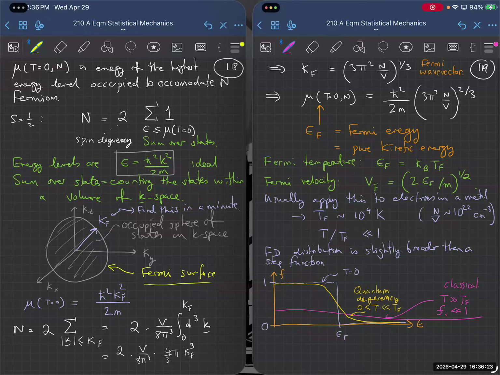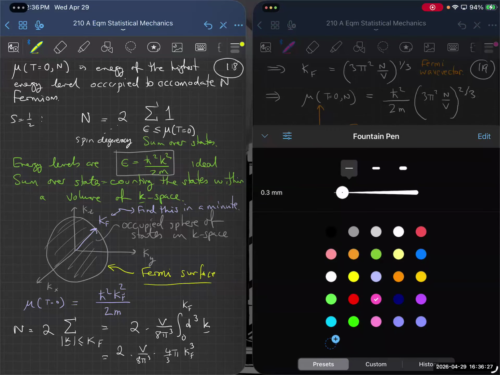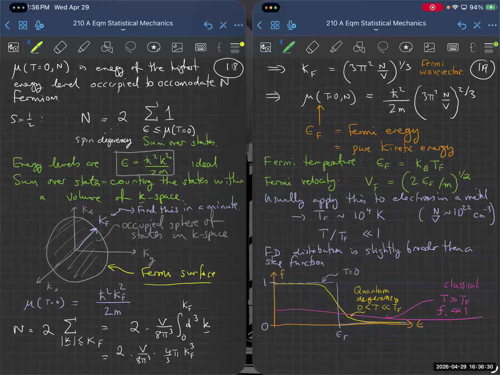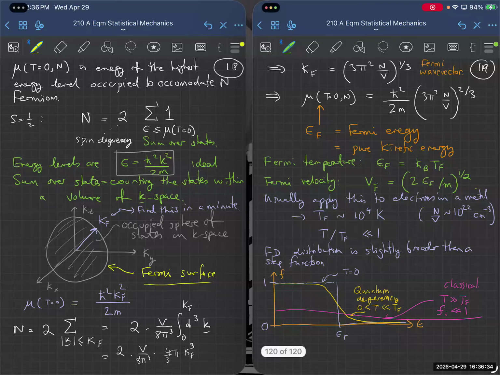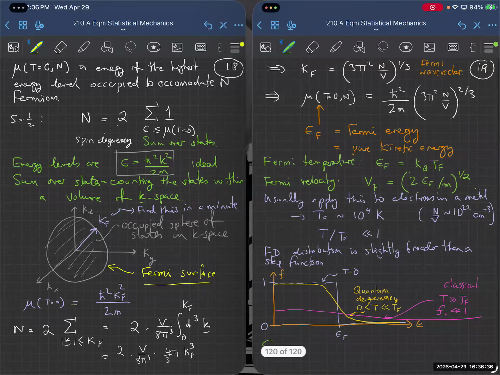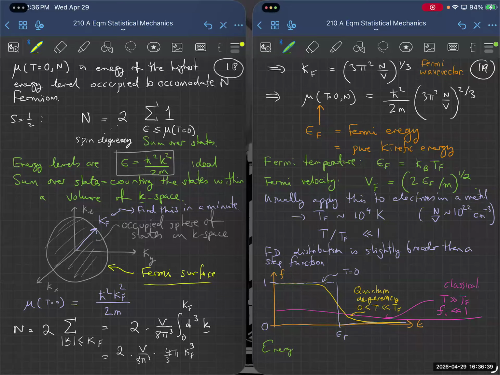So let's just ask one last question before we calculate the excited states. By the way, the energy in the ground state, the energy at T equals 0, U, is equal to the sum over i of f_i times epsilon_i.